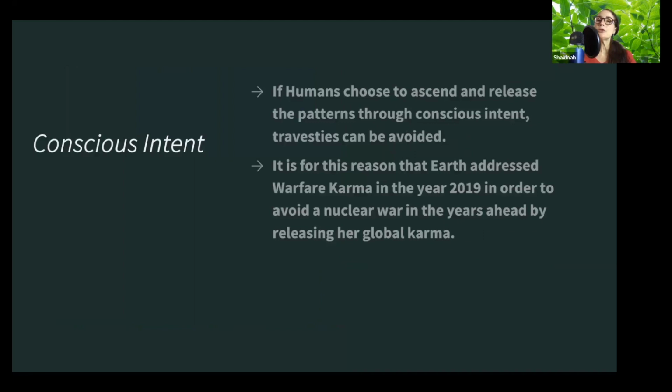If humans choose to ascend and release the patterns through conscious intent, travesties can be avoided. It is for this reason that Earth addressed warfare karma in the year 2019 in order to avoid a nuclear war in the years ahead by releasing her global karma.